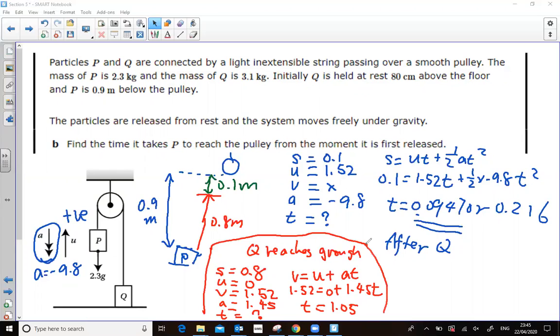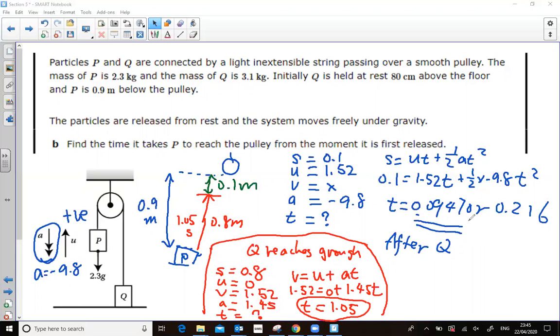So now we have the two things. This is the time taken for Q to reach the ground, which means this will be the time taken for P to travel up by 0.8 meter. So that's 1.05 seconds.